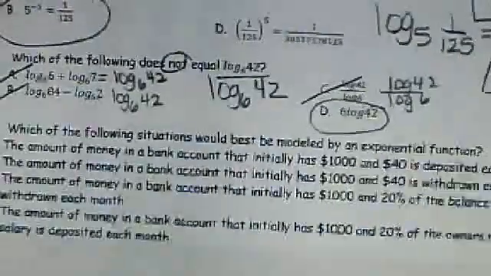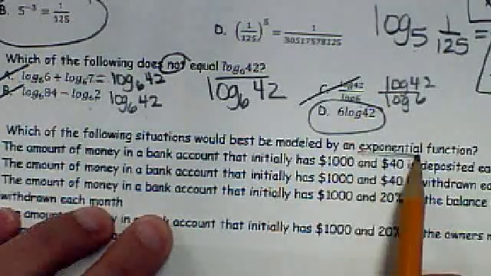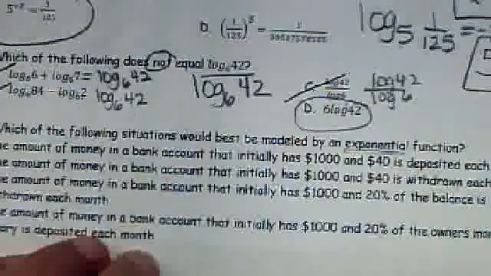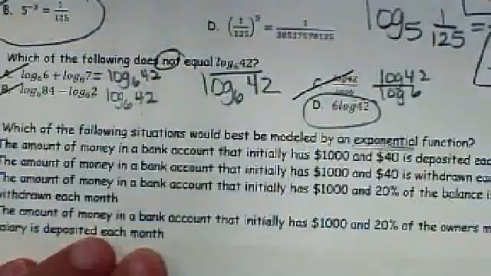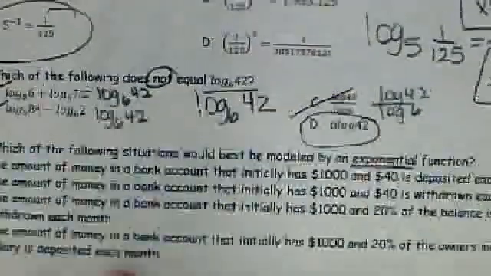Number 5, which of the following situations would best be modeled by an exponential function? That exponential is left off your paper. So take a minute and pause the video and read through those 4 answer choices.